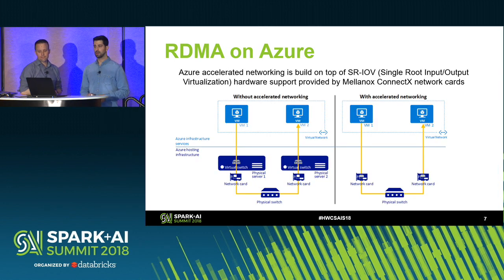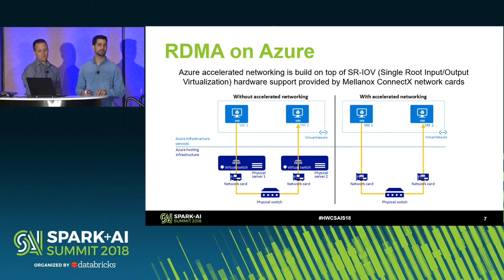All right, so how is this all working? How do you get general purpose RDMA available in the cloud for the first time in any major cloud provider? So Azure Accelerated Networking is basically built on top of SR-IOV, which stands for Single Root Input-Output Virtualization, basically meaning that you get a virtual physical device on the VM.